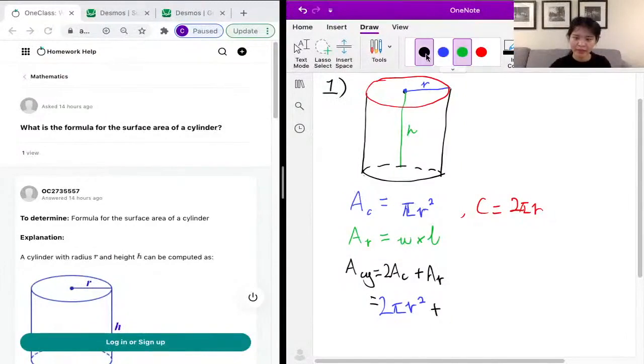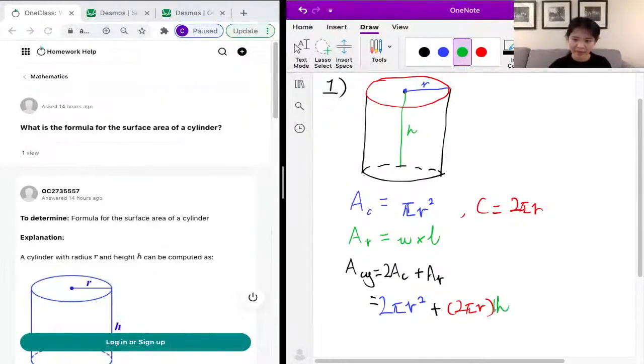Our width over here is actually the circumference of the top circle or the circumference of the bottom circle. They have the same circumference. So we just need to do 2 pi r as our width of the rectangle, which is also the circumference of the circle, multiplied by our length of the rectangle, which is our height of the cylinder.